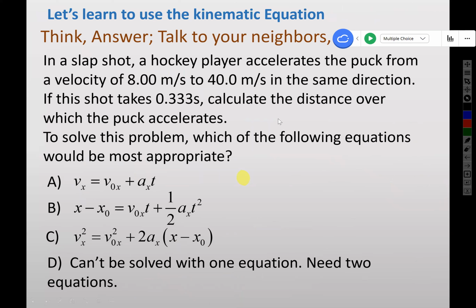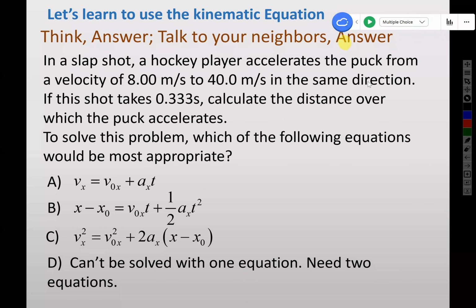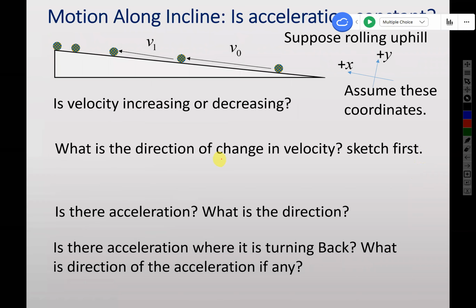So now, how do we use those equations? First, we need to figure out what we know, what is given in the question. Once we figure that out, we list what's known. Remember, although we wrote four main equations, these are three equations, okay?